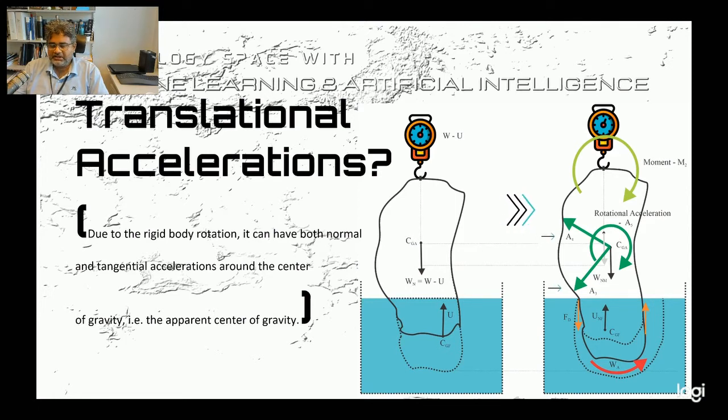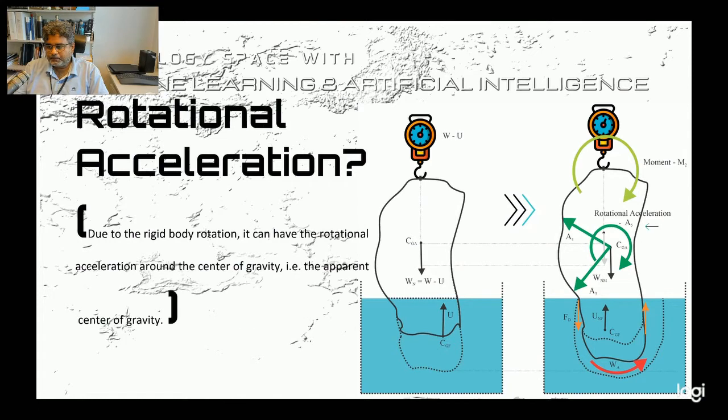In the translational acceleration, we are dividing these accelerations into two components, which are normal and tangential accelerations. These two translational acceleration components are noted by A4 and A3 in this figure. Then we move to the rotational acceleration, which is defined by A5.